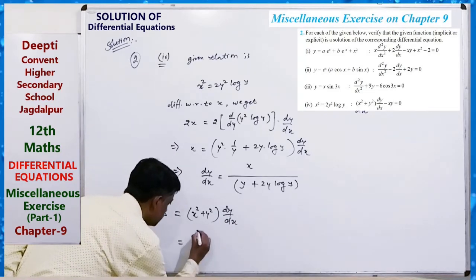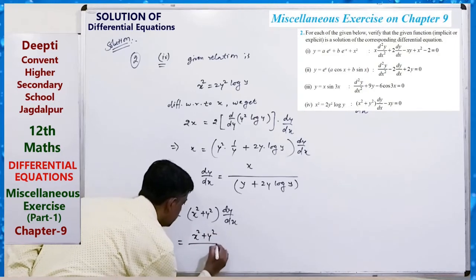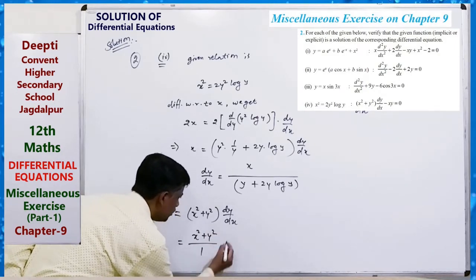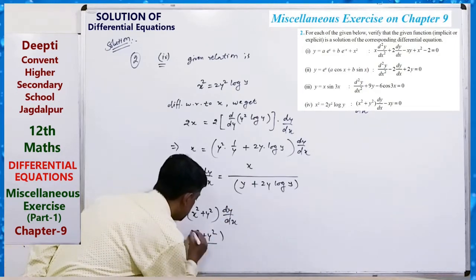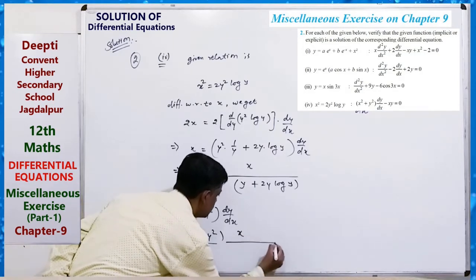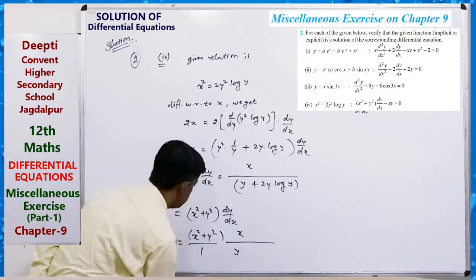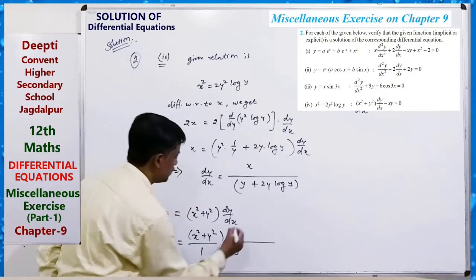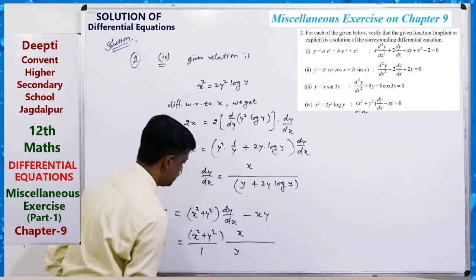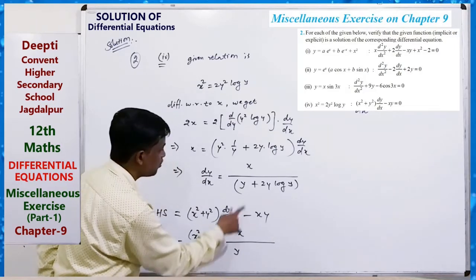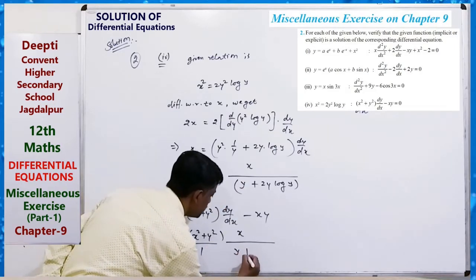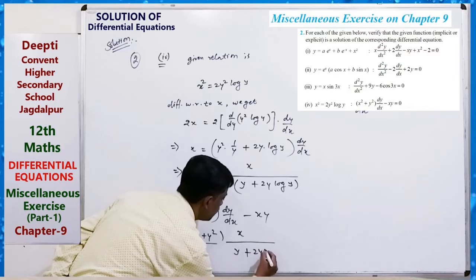x square plus y square upon 1 divided by this x upon y, minus xy, x upon this y plus 2y log y.